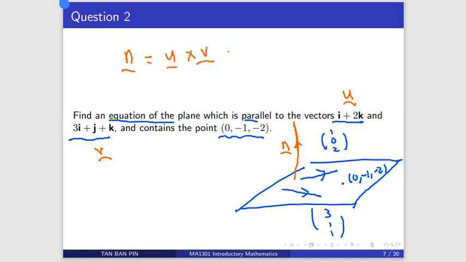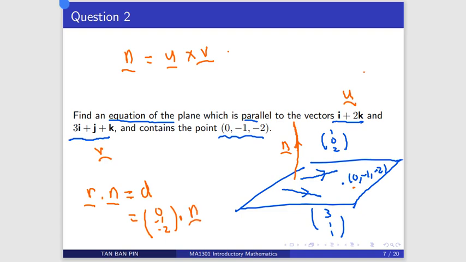Then the equation of the plane is r dot n equals d, where d comes from a point on the plane, which you can take as (0, -1, -2), dotted with the n we have found. It will give you the equation of the plane.